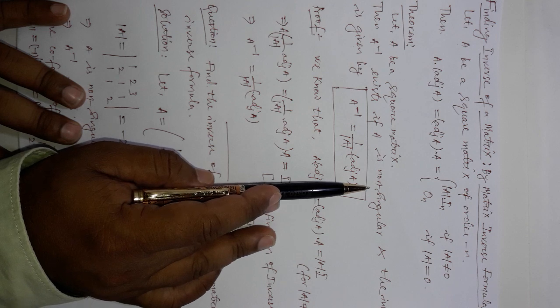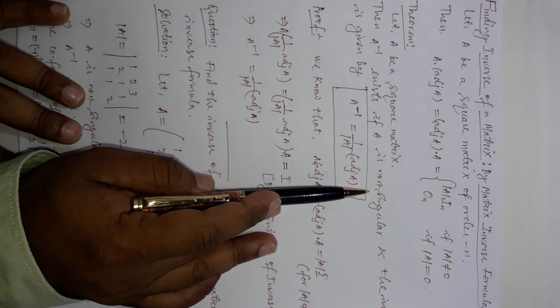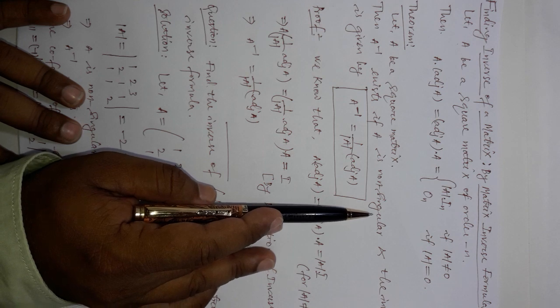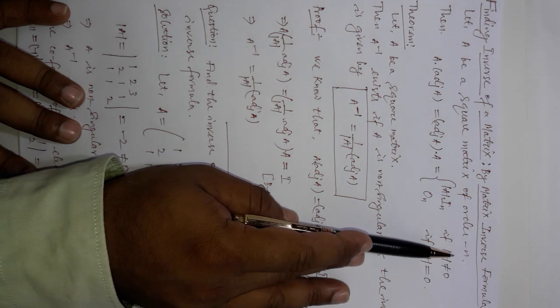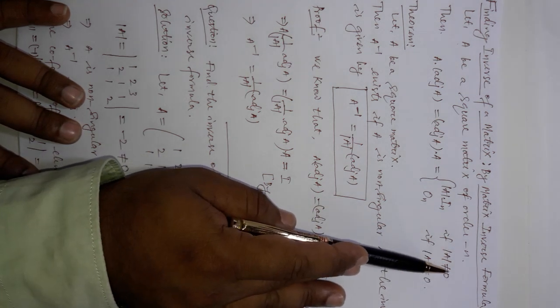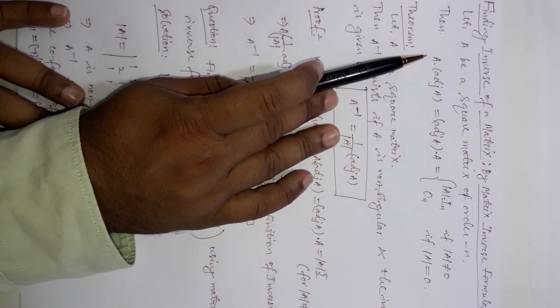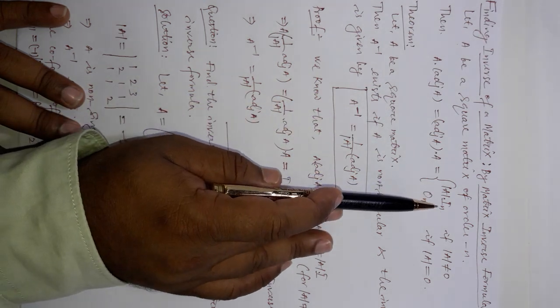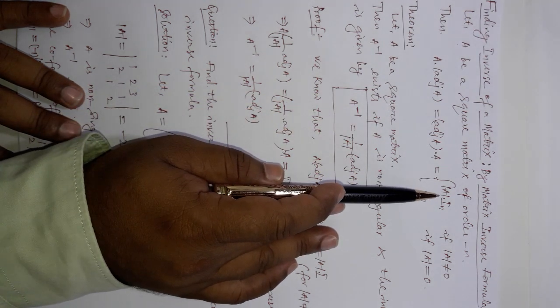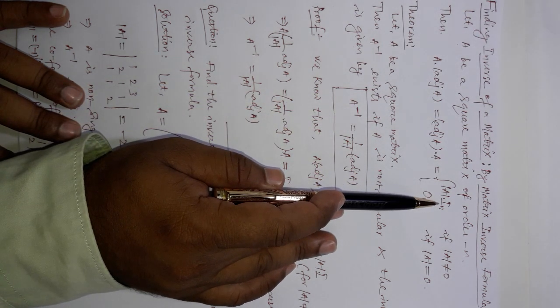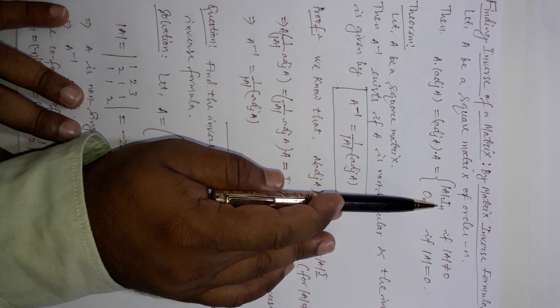The matrix is non-singular if its determinant value is not 0. If the determinant value is not 0, then the product of the matrix with its adjoint is equal to the determinant of the matrix into the same order identity matrix.